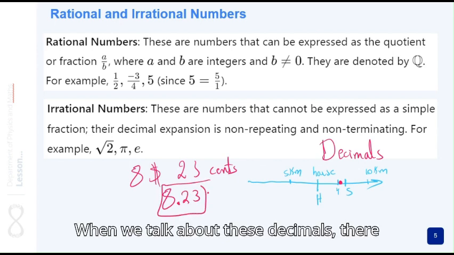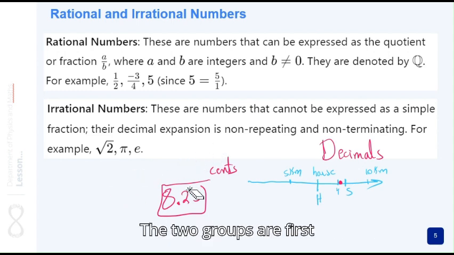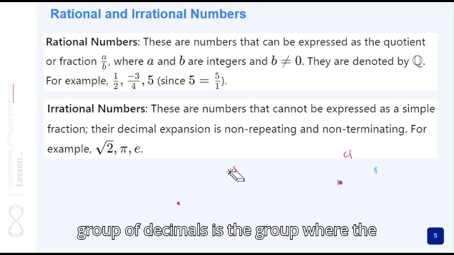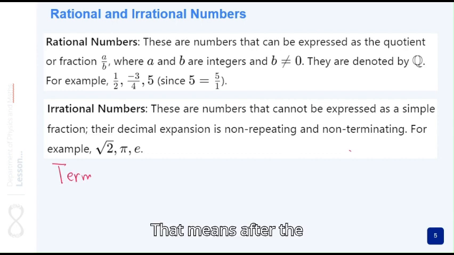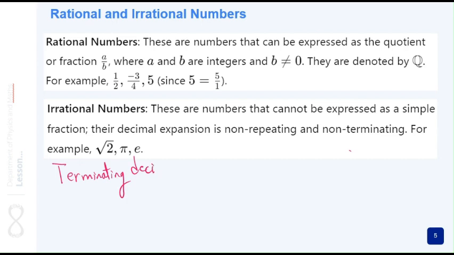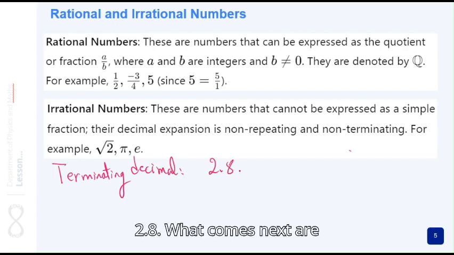When we talk about these decimals, there are two groups of these decimal numbers. The first group of decimals is the group where the decimal number terminates. That means after the decimal point, we see the number ends, like 2.8.